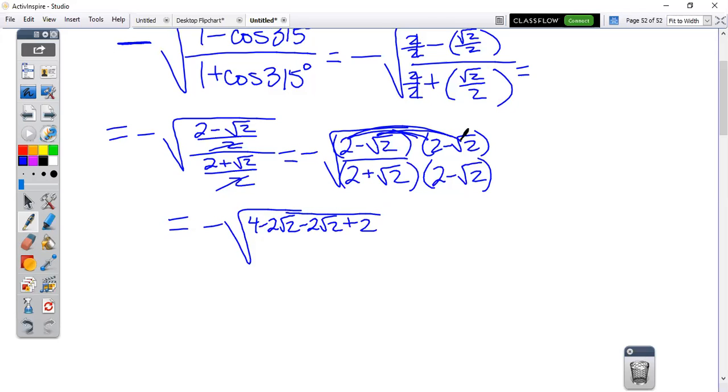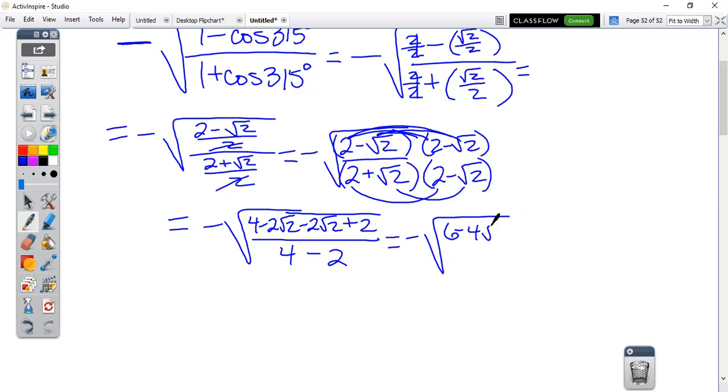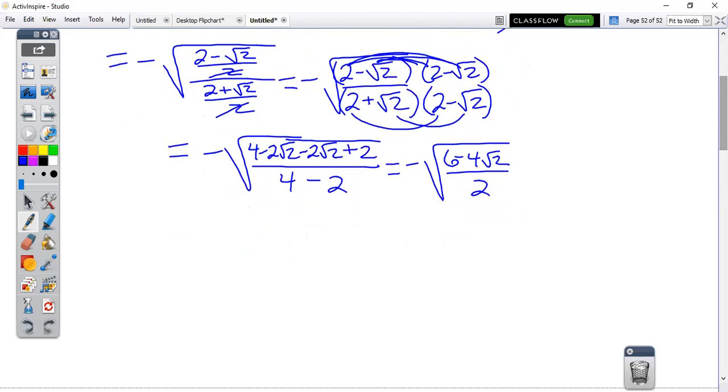Square root of 2 times negative square root of 2 times negative square root of 2 is positive 2. On the bottom, 2 times 2 is 4, and square root of 2 times negative square root of 2 is negative 2. If you simplify all that, you get 6 minus 4 square root of 2 all over 2. And thankfully, those reduce, right?